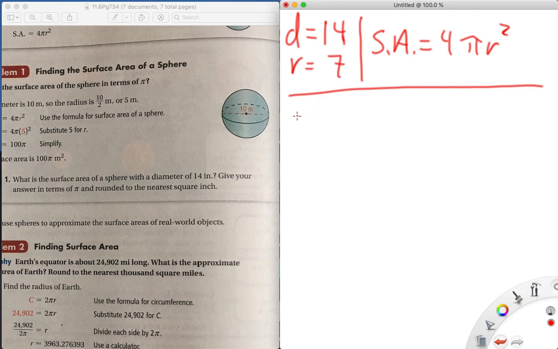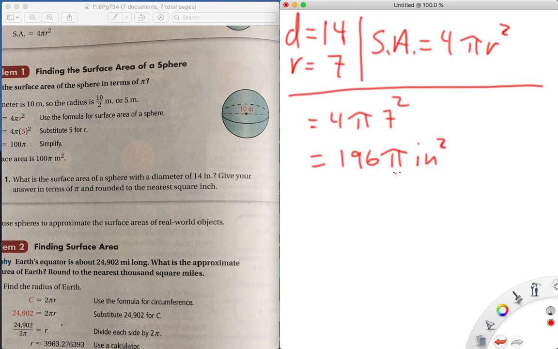So the surface area would be 4 pi times 7 squared, which is 49. And then 49 times 4 is 196. So in terms of pi, it would be 196 pi inches squared.